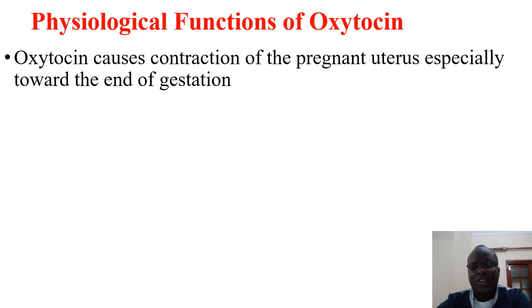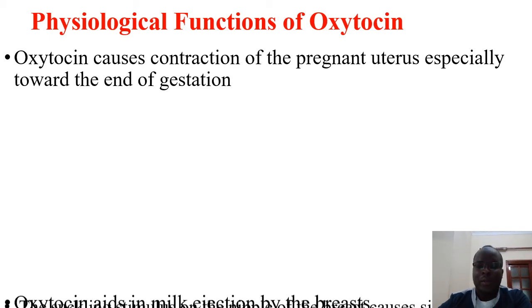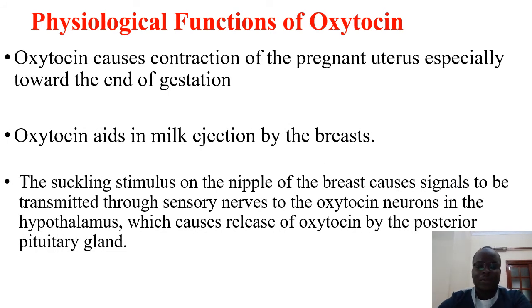Towards the end of gestation, there is development of the endometrium, those smooth muscle cells. They have oxytocin receptors, which are G protein-coupled receptors that can cause contraction. So oxytocin is going to be released during labor, and that will help in the delivery of the baby during giving birth.